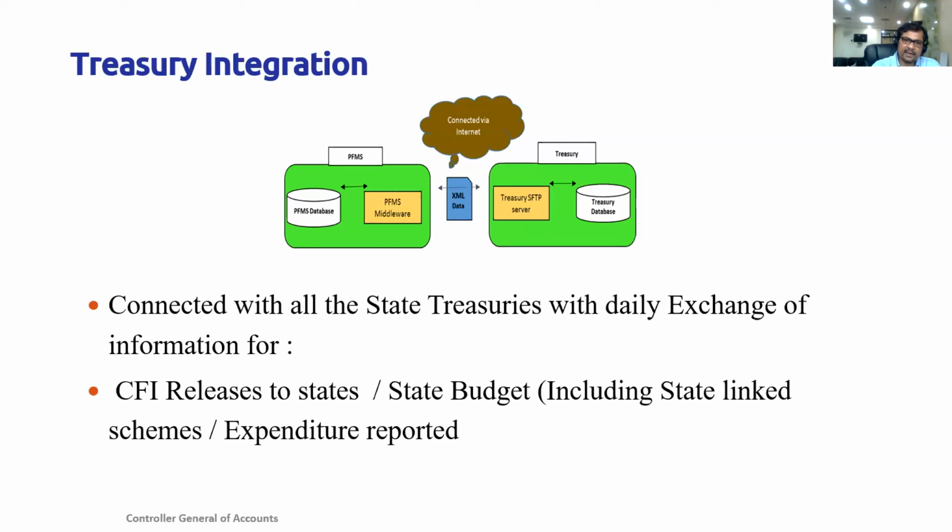And through that XML data exchange, we are generating very useful reports, which are used not only by the Ministry of Finance, but also by subnational governments for getting information on the funds received by them or funds lying in various bank accounts of their agencies.